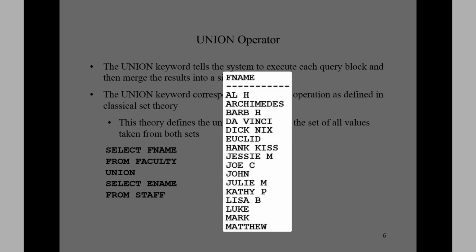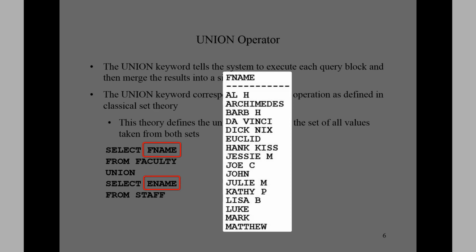Let's examine this operation and the result that it produces. The tables for the types of employees have different column names. Faculty has a column called FName, while staff has a column called EName. Note that the corresponding column names in the query blocks do not need to be identical.